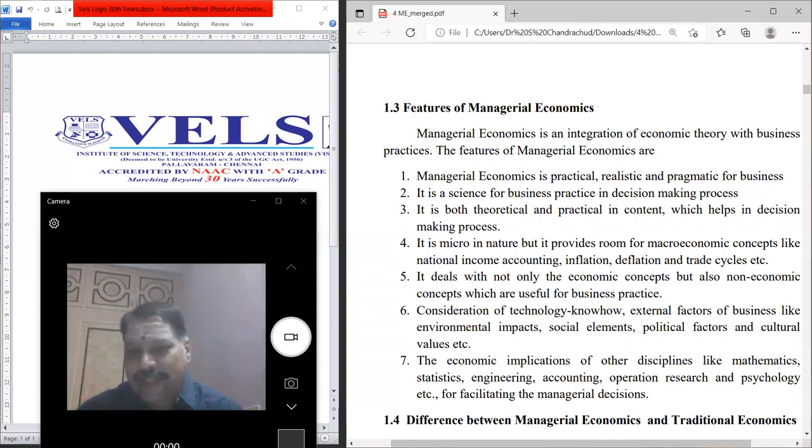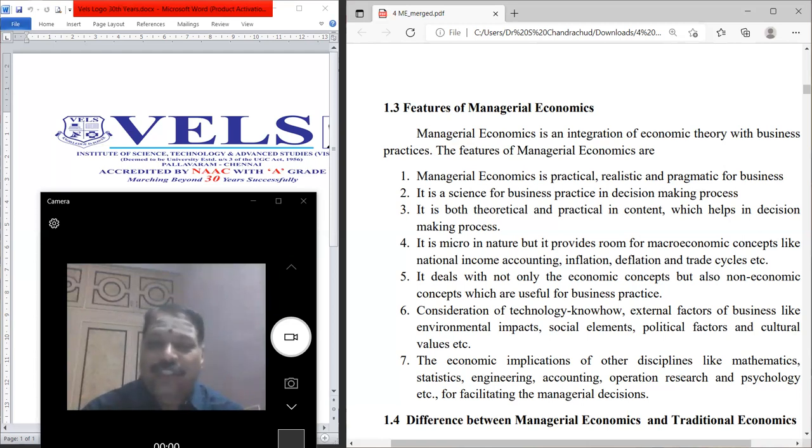It is micro in nature, but it provides room for macroeconomic concepts like national income accounting, inflation, deflation, and trade cycle, etc. It deals with not only the economic concept, but also the non-economic concept, which are useful in business practices.